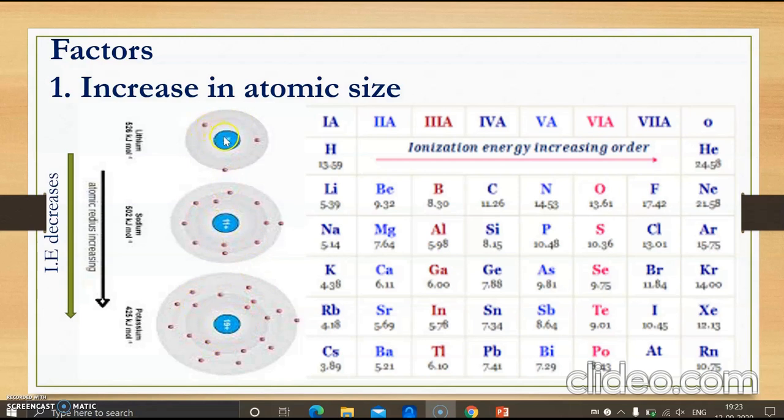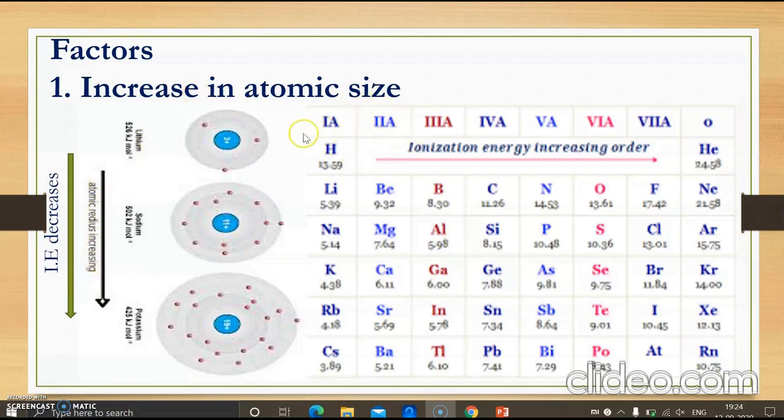As a result, the attraction between the valence shell and nucleus is less, so the electron is removed easily as the size increases. So along a group, the ionization energy decreases due to the increasing atomic radius.